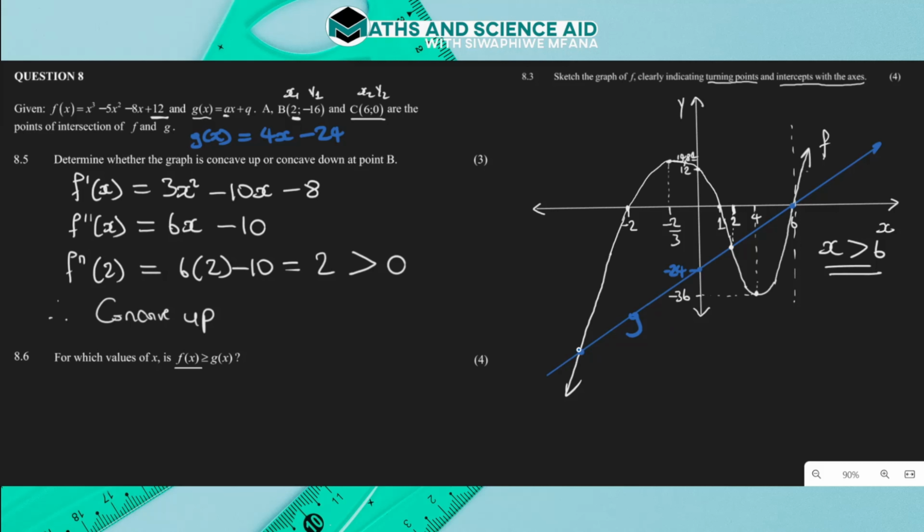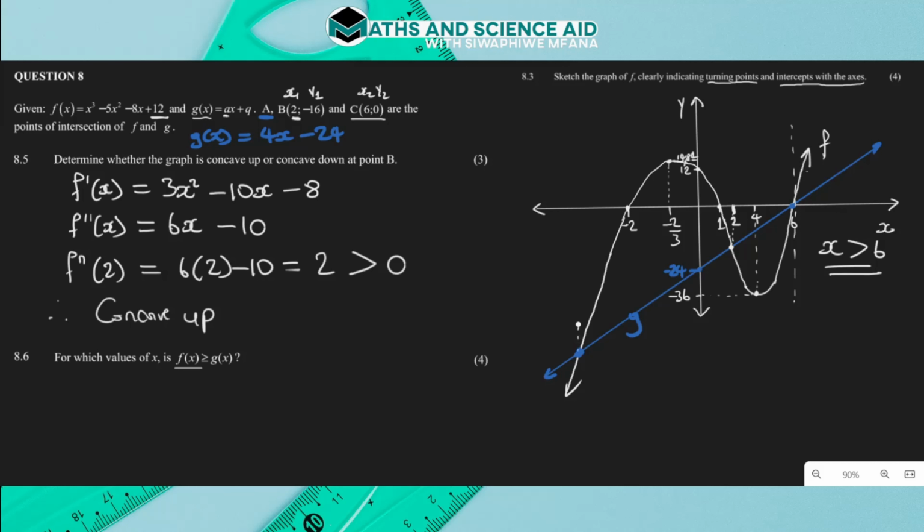And so there we go. We are going to have another point of intersection. So this must be the point of intersection that they did not give us the coordinates for. That must be the point of intersection A. So this is not a surprising result.